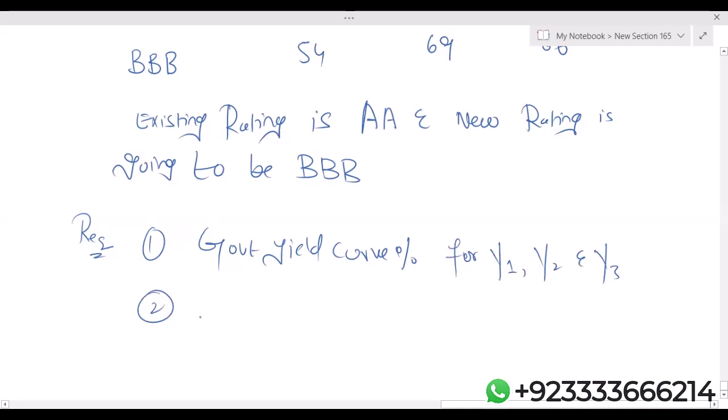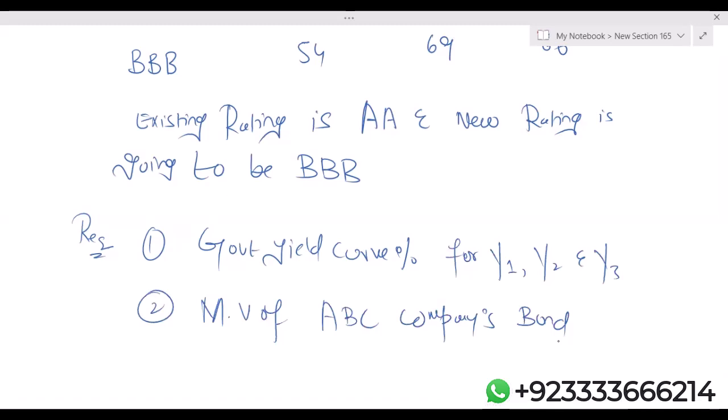Second, the market value of ABC company's bond. Let me give you the information of the ABC company bond.